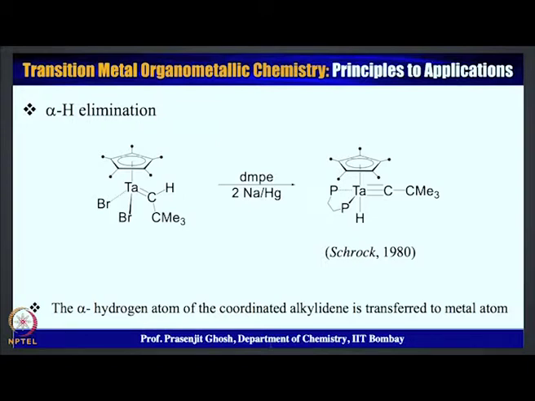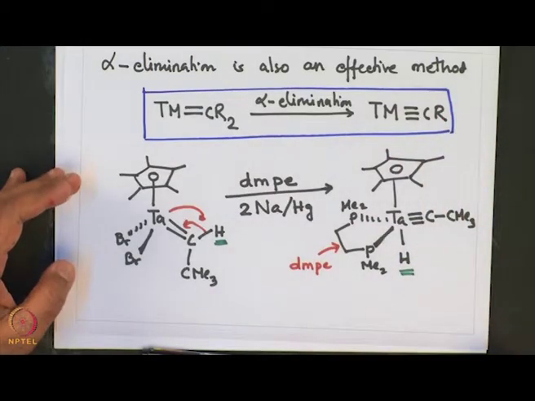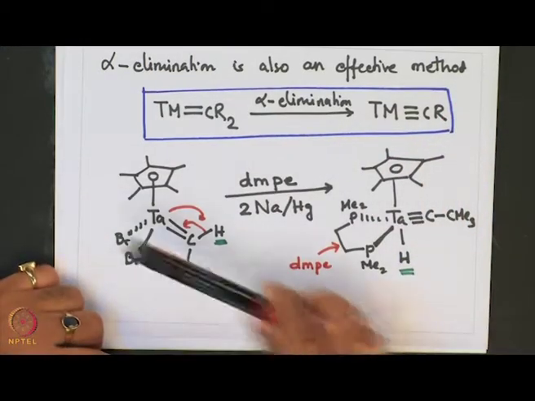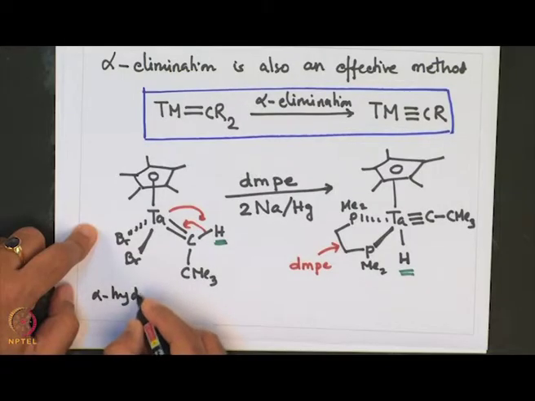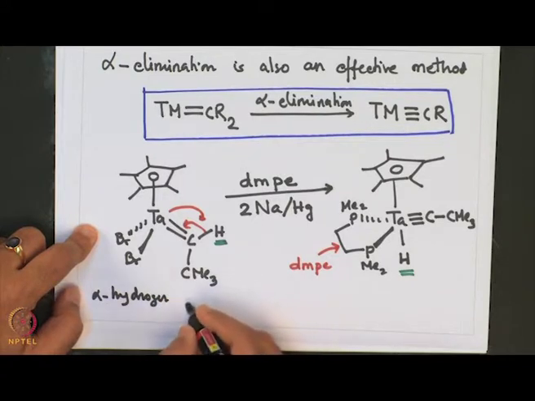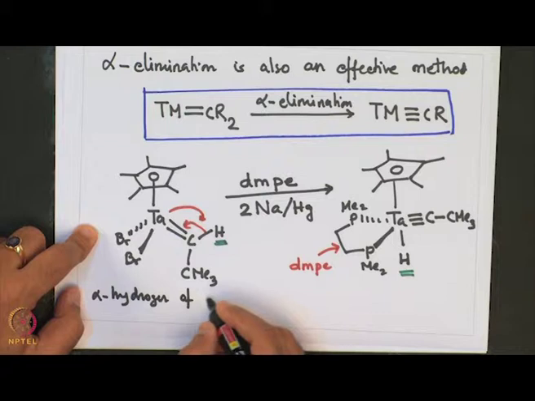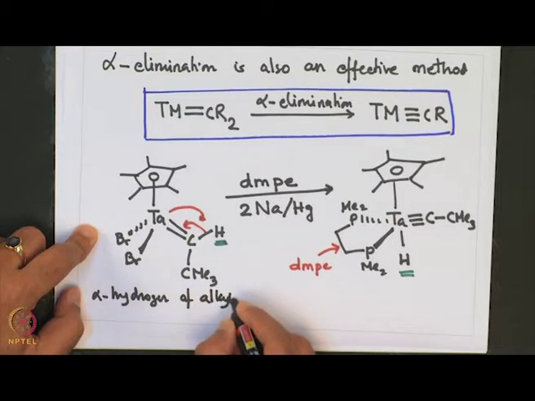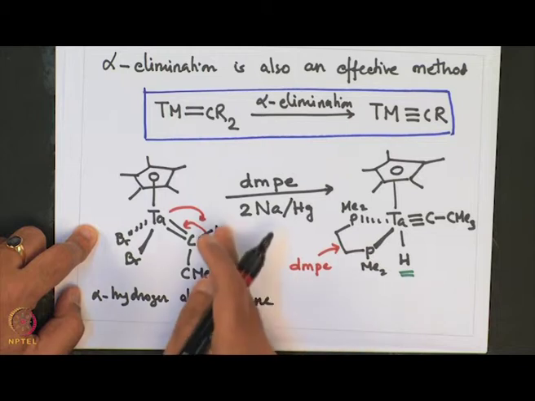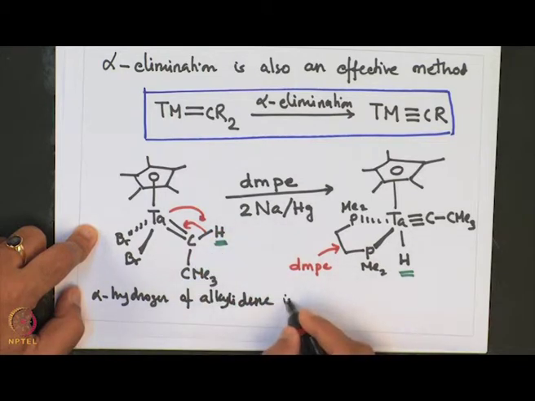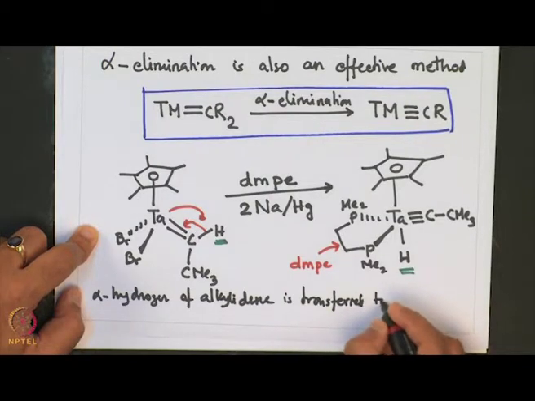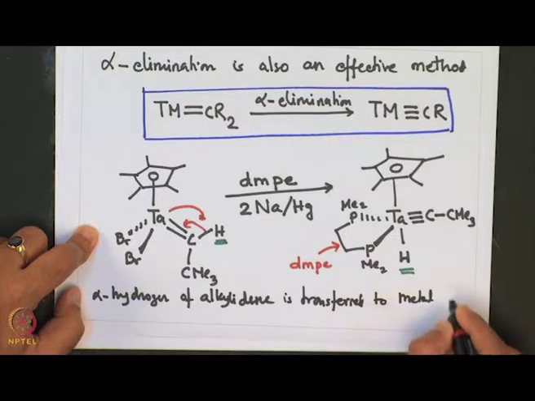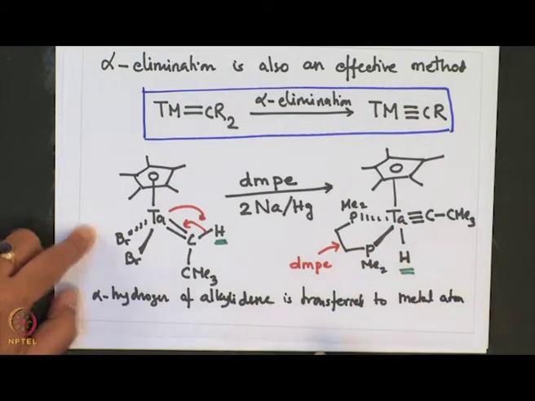Here also we see that alpha elimination has been achieved on a carbene complex to result in the formation of the carbyne complex. So, in this process the alpha hydrogen of the alkylidene is transferred to the metal atom, which is tantalum.